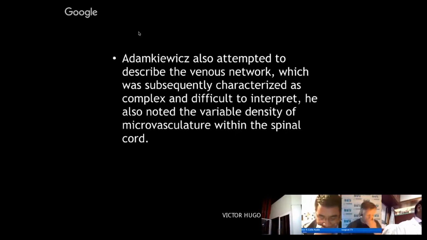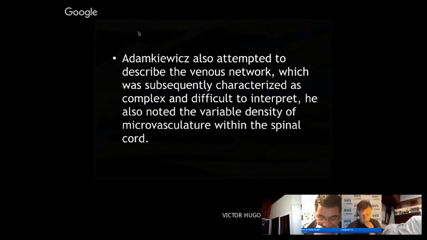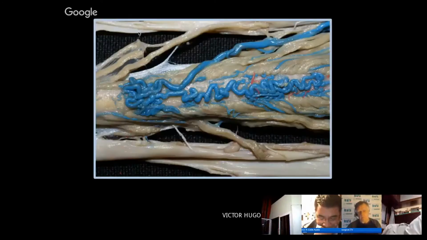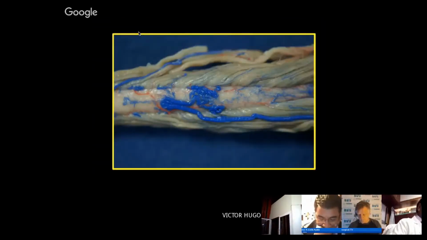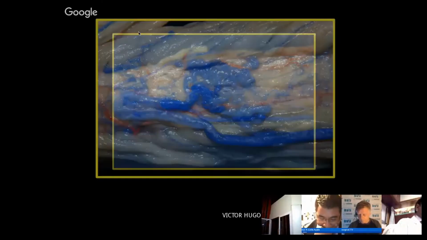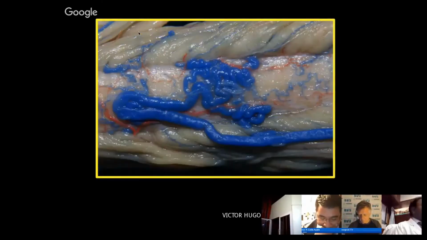He also noted the variable density of microvasculature within the spinal cord. Now I am trying to describe more precisely the network of the veins of the human spinal cord. It's very, very interesting. So this is the last picture.